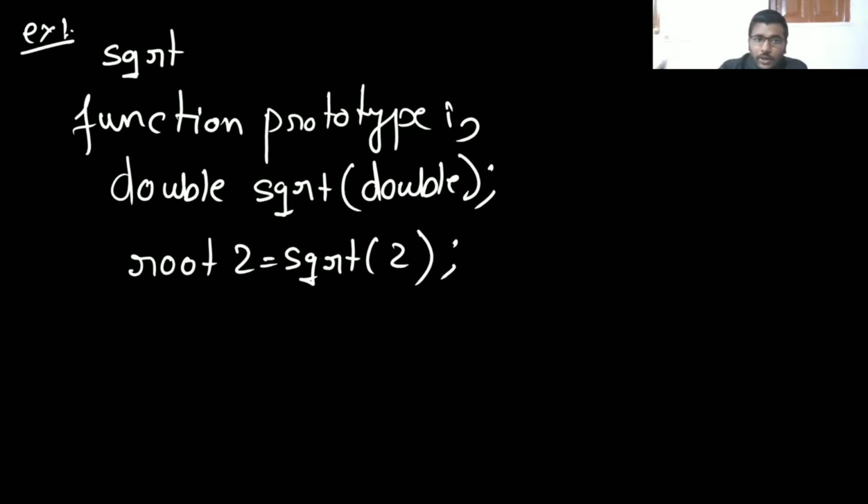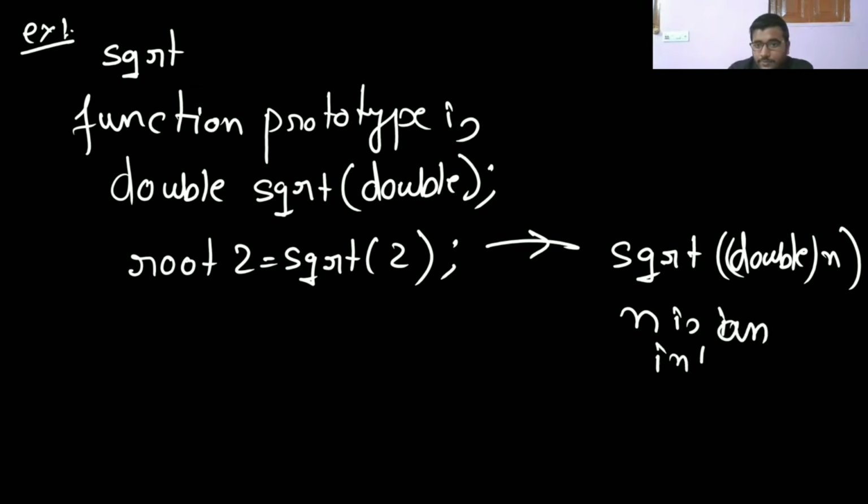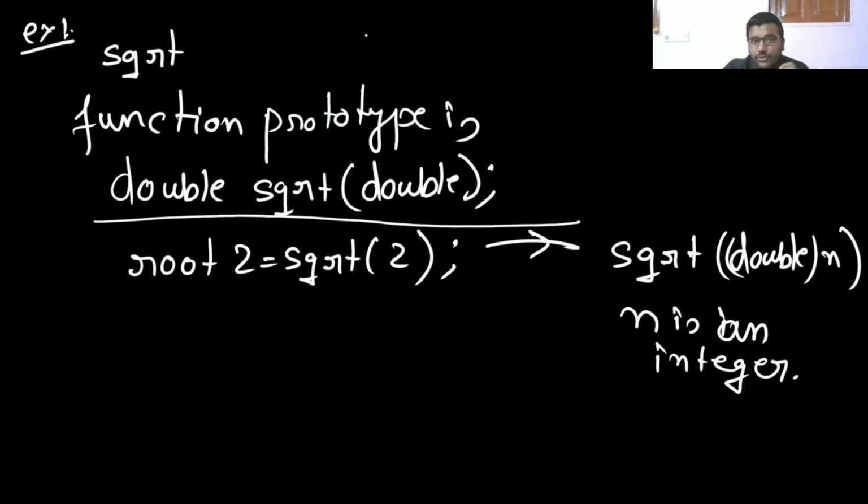So whenever you are calling square root on an integer, type casting is going to happen, and here we have n, which is an integer. This is the square root function which is used to do square root of n.